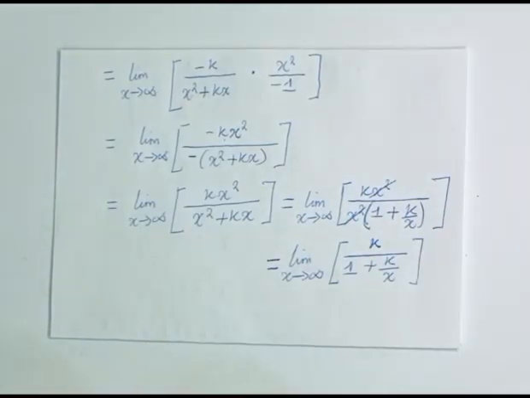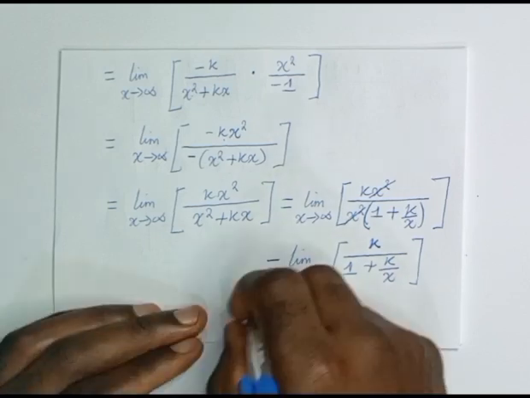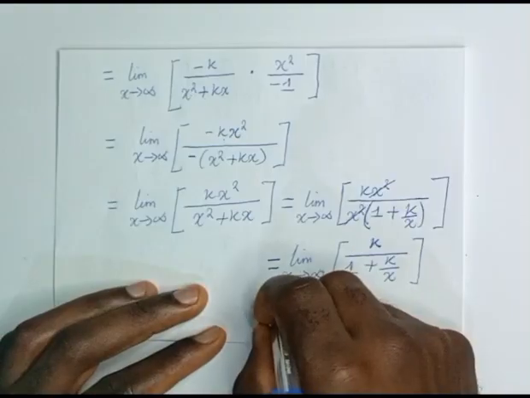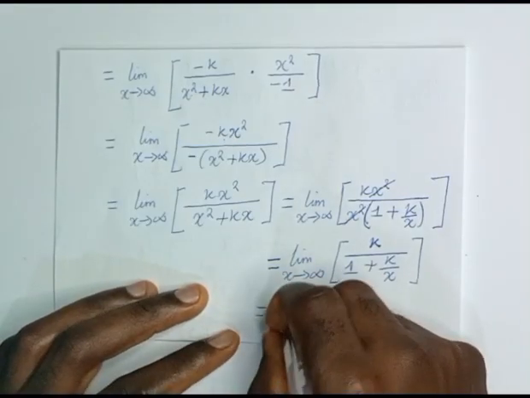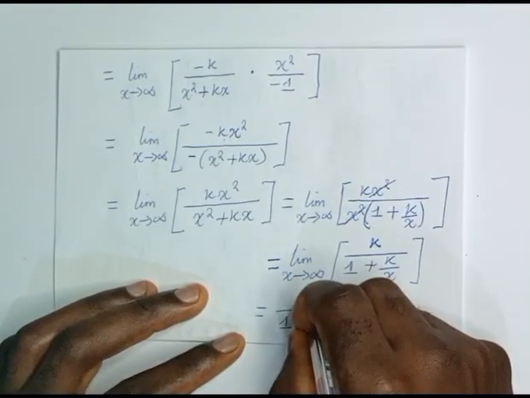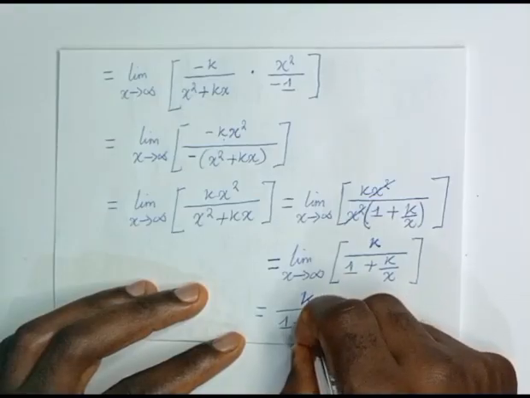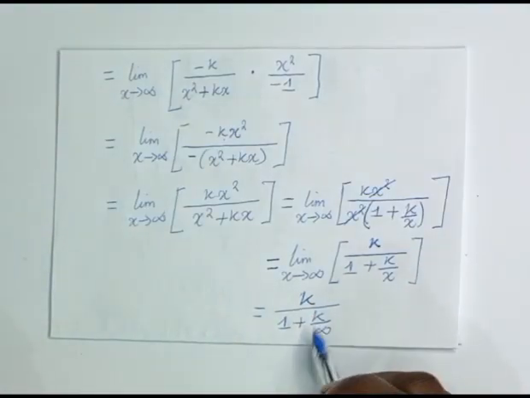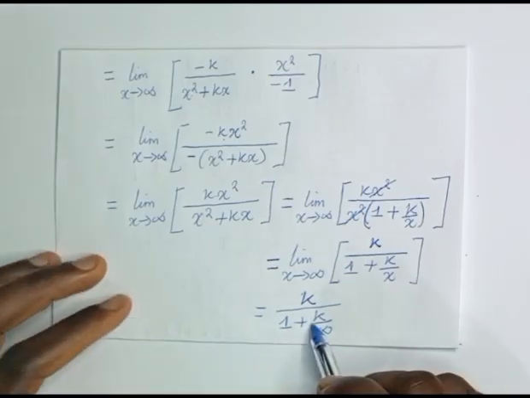At this stage, we are going to insert x equal to infinity. This will simply be equal to k all over 1 plus k all over infinity. k over infinity gives us 0. That means we are dividing a non-zero constant by a very, very large number. So this goes to 0.